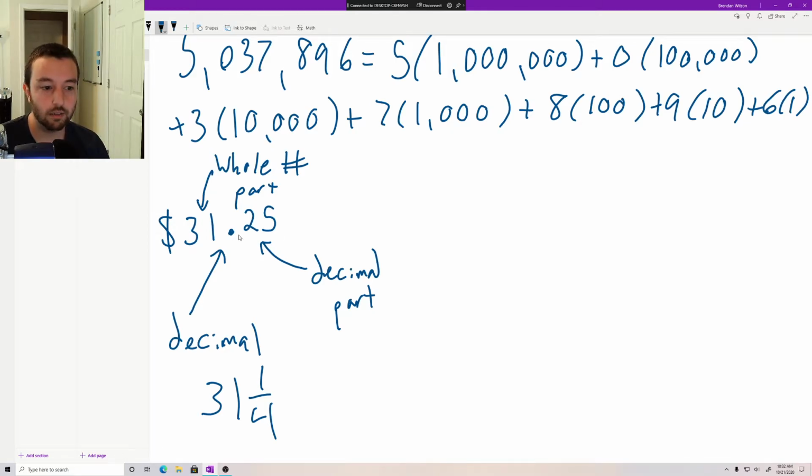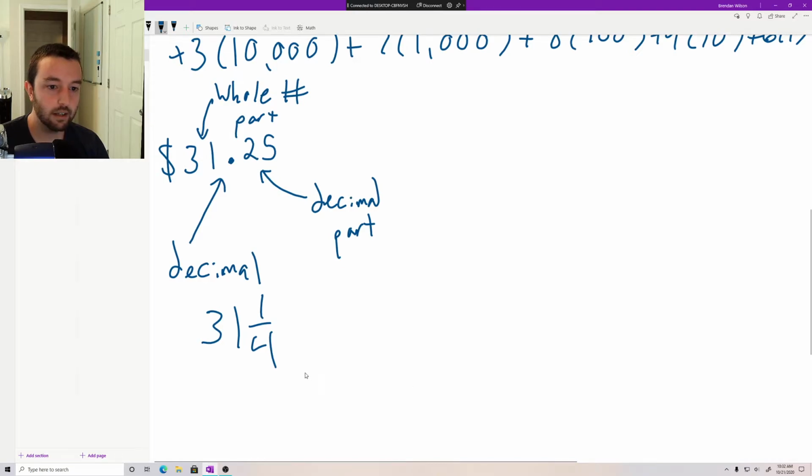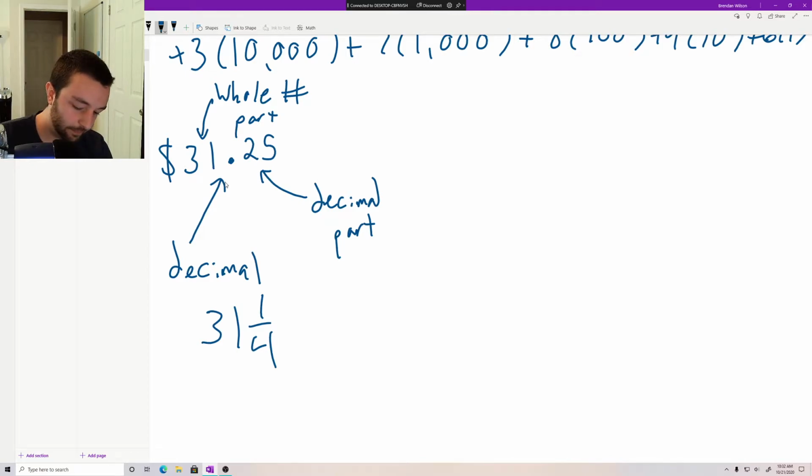We have 25 cents out of 100, which would make another additional dollar. Okay. So 100 cents makes a dollar. And similarly here, the last decimal place is the 100th place. Okay.